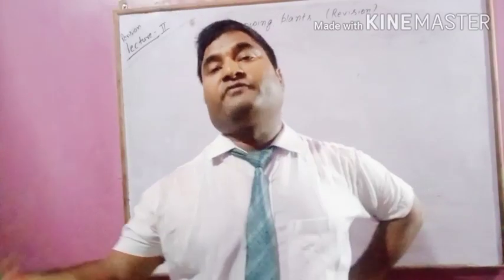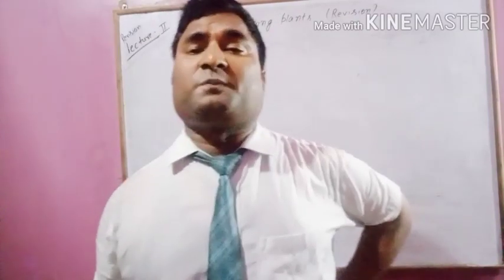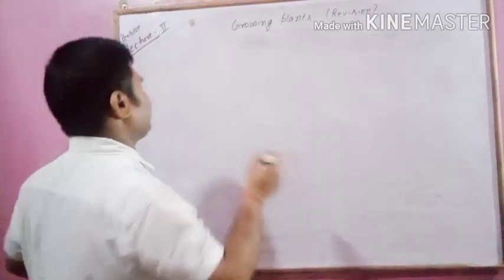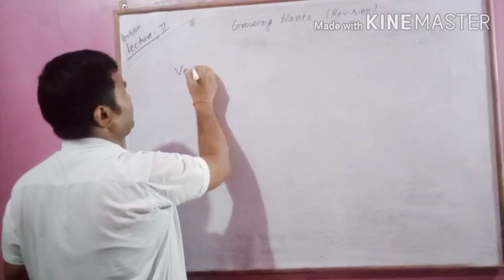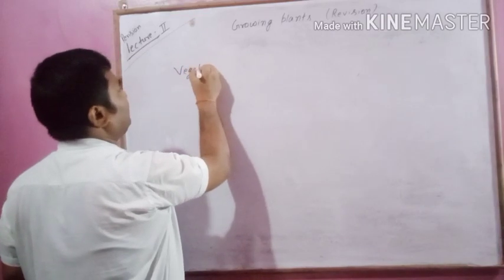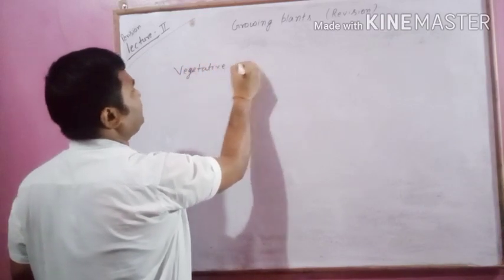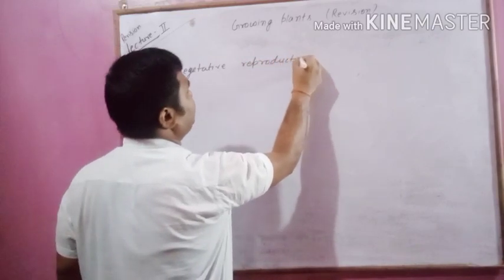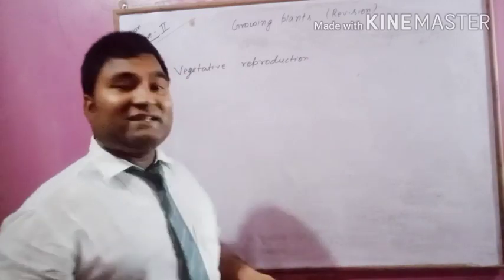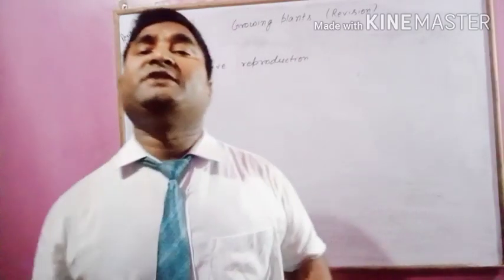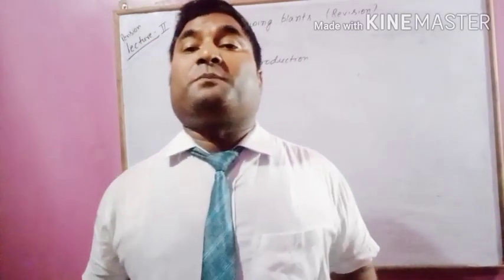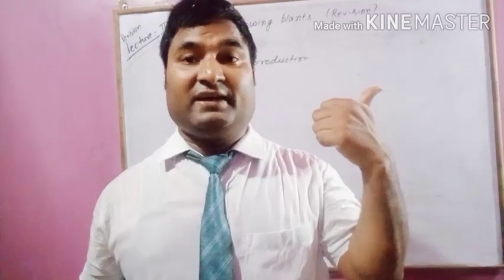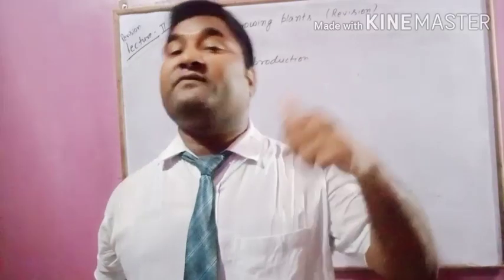So moving further, the next topic that we have to discuss is vegetative reproduction. What is vegetative reproduction or vegetative propagation? The process of growing new plants. In seed we have discussed the process of growing a new plant with seed.